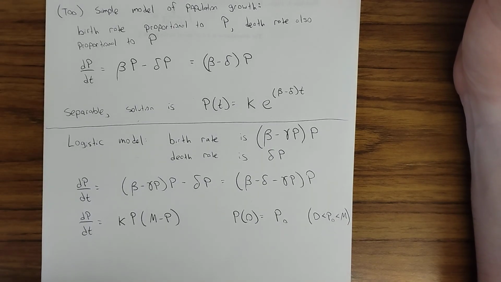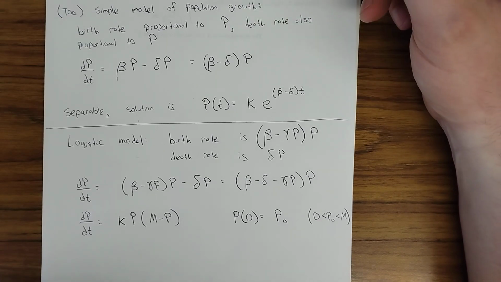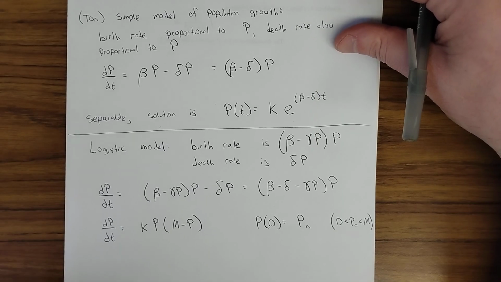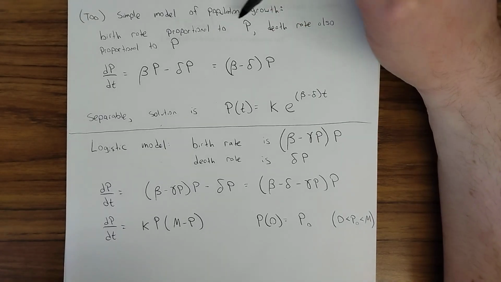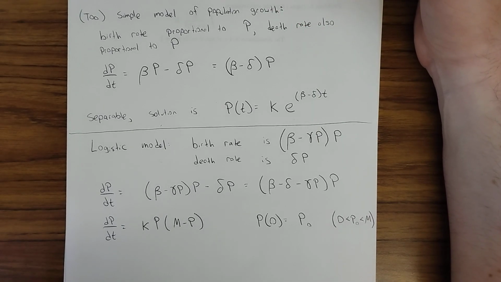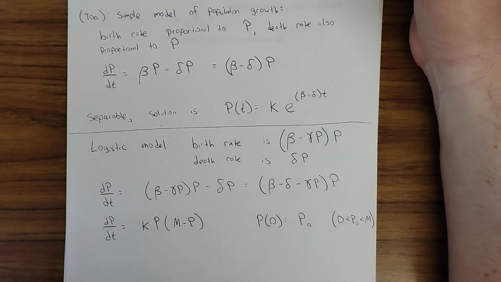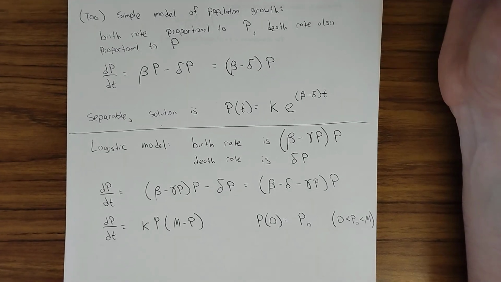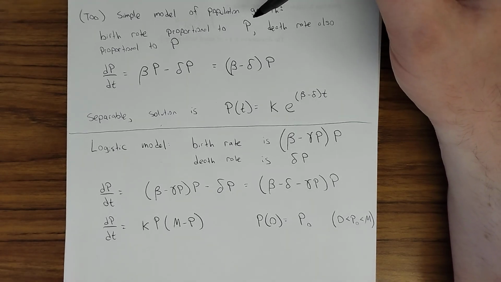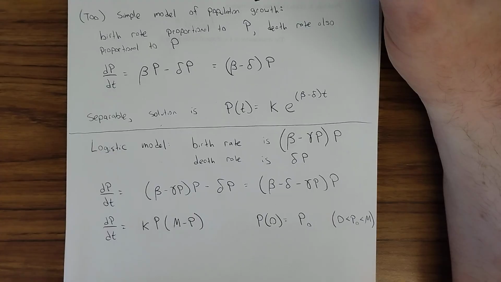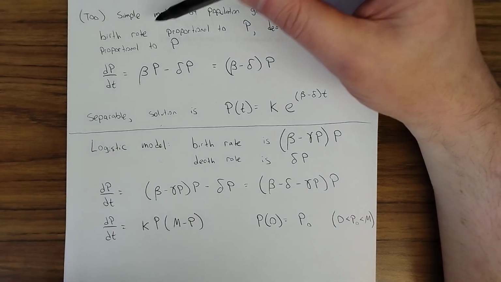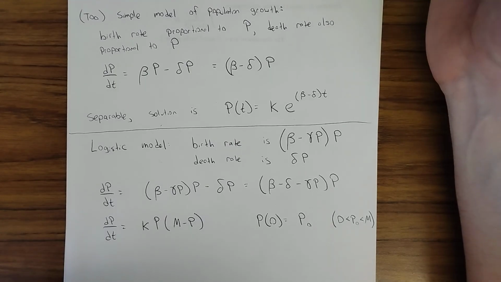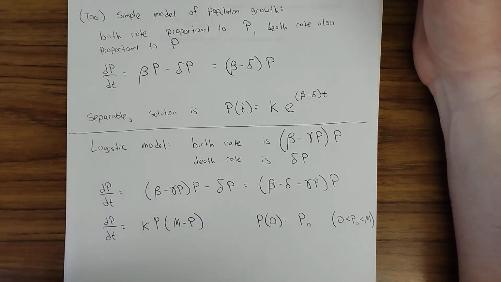So this model, looking back at the assumptions that we made, it's probably not reasonable to just assume that the birth rate is always proportional to P, like assuming that people just have babies. I guess I keep saying people, but this could be a population of animals or plants or whatever, that they just continuously have babies at the rate that they exist.